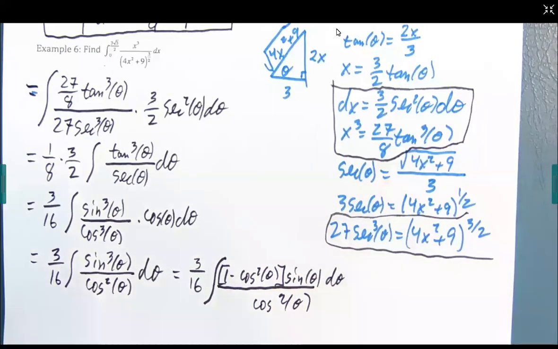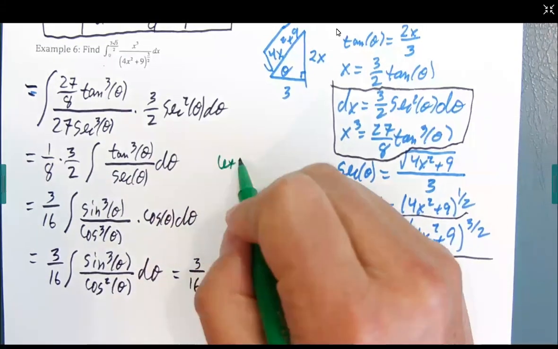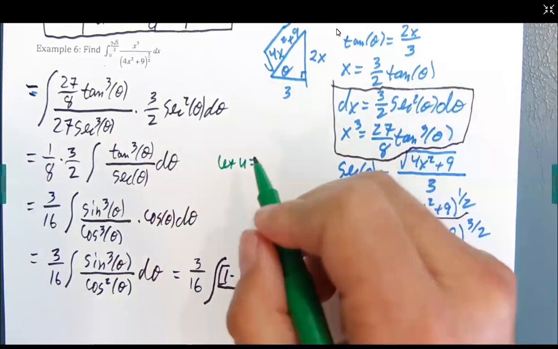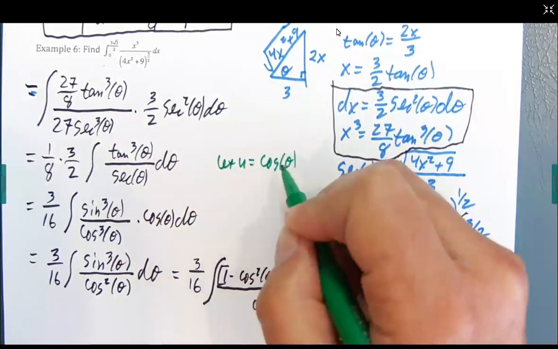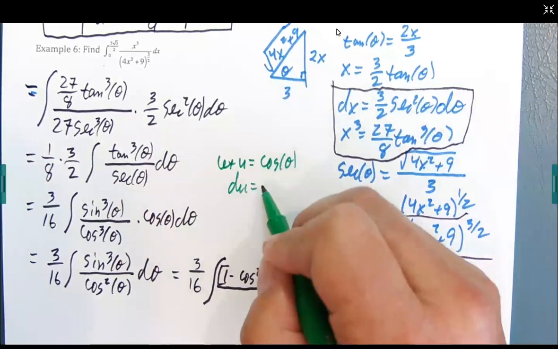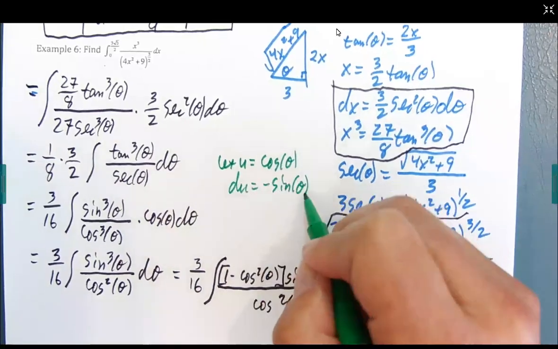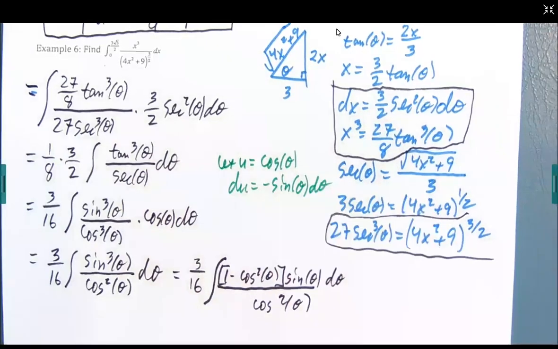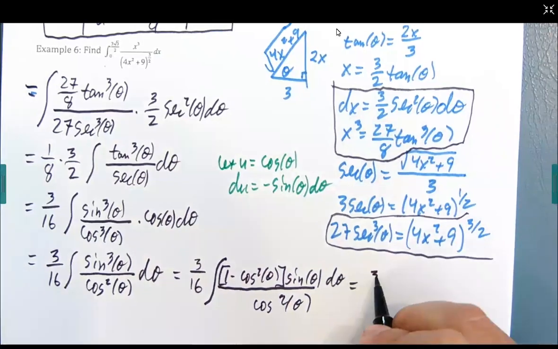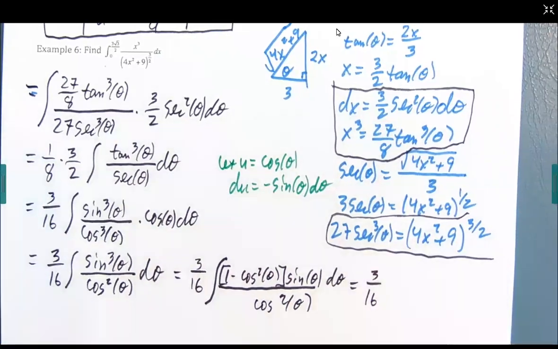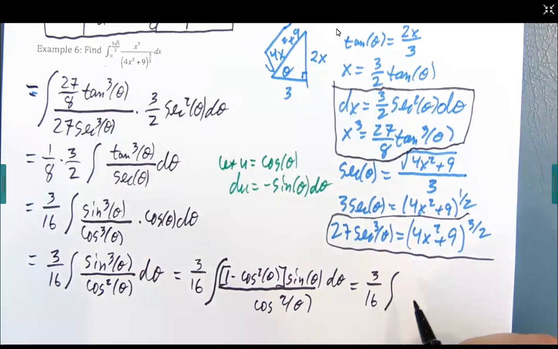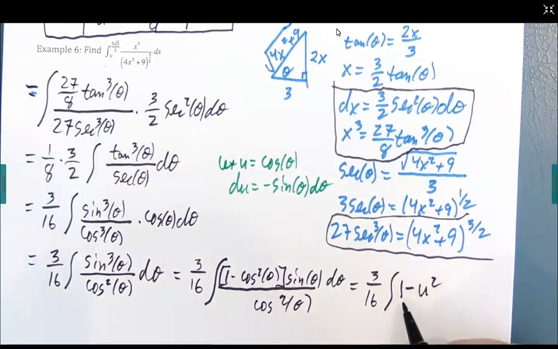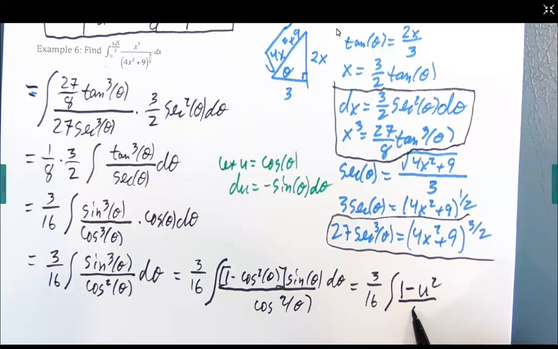So let's do u equals cosine theta, with 1 minus u squared over u squared du.